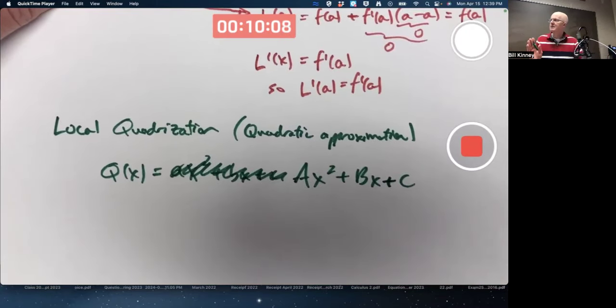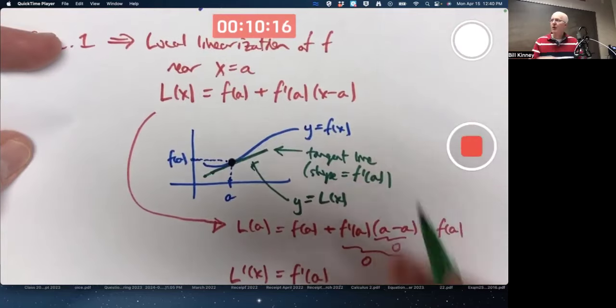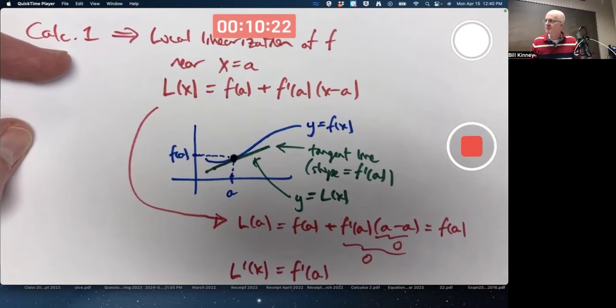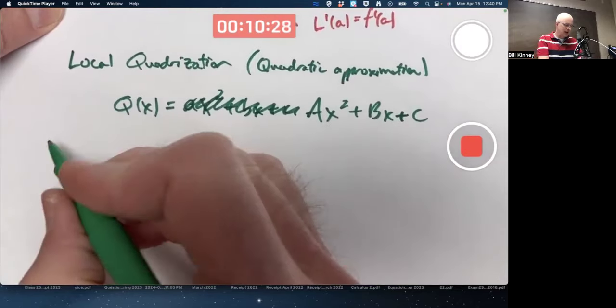To keep things simple, let's let little a be 0. When you do local linearizations, and what we're doing today, the Taylor polynomials and Taylor series, 90% of the time, a is 0. Maybe about 10% of the time, a is not 0. Let's use a equals 0.